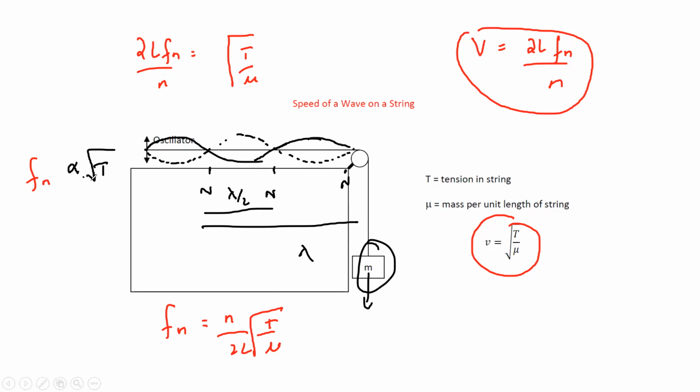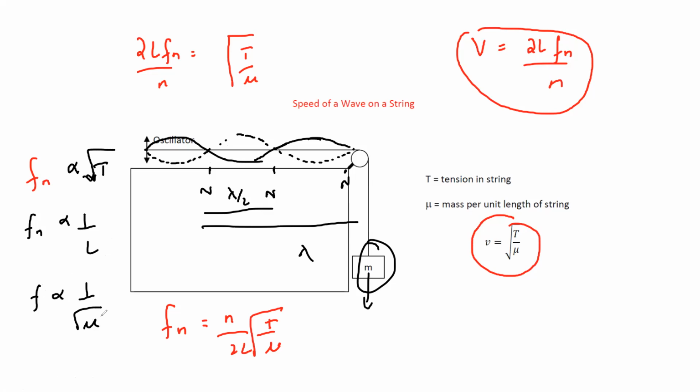If you apply greater tension, like if you increase the tension in the string, the frequency of the vibration will also increase. It is inversely proportional to length. If you use a shorter length of a string, it will have a higher frequency as compared to a longer length. And it is inversely proportional to under root of the mass per unit length, which means if you use thinner wires, they will have greater vibration or higher frequency as compared to a thicker wire.